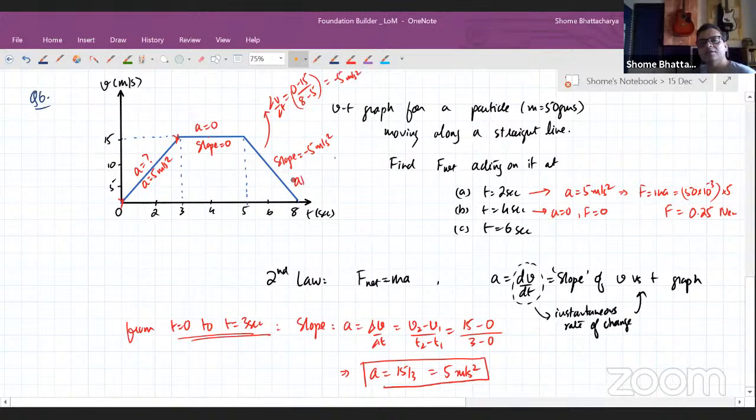So that means the magnitude of acceleration is only 5 meters per second square. Or you can see that at 6 seconds, there is a deceleration of magnitude 5 meters per second square. So again, the force, if we write with sign convention, we should write it as minus 0.25. Okay, but if you just write the magnitude of the force, it's 0.25 newtons.